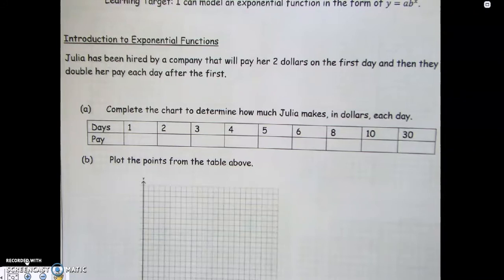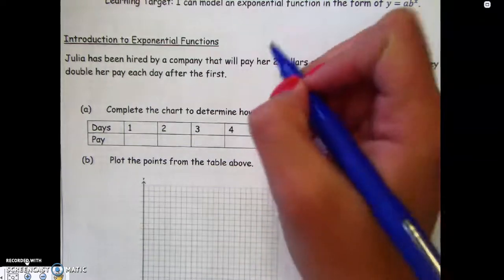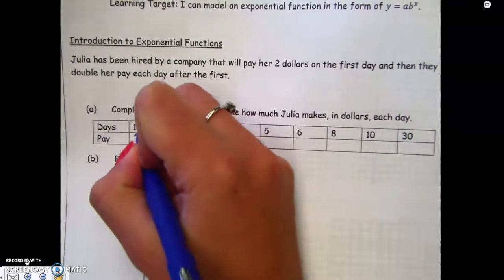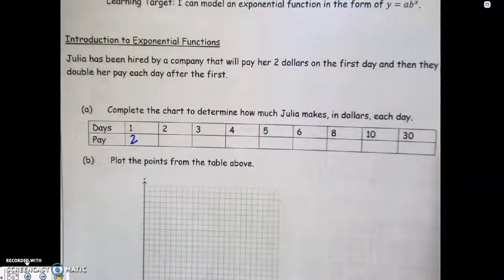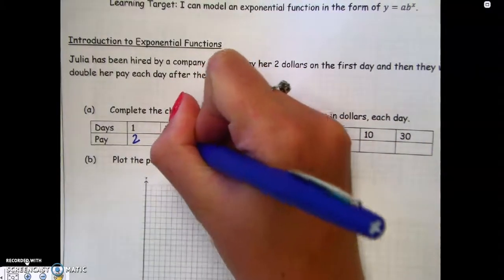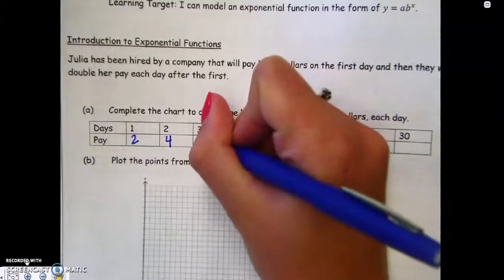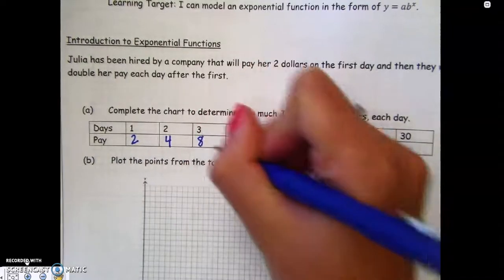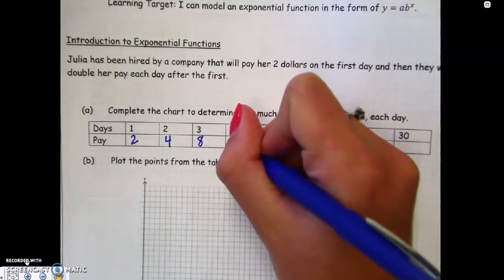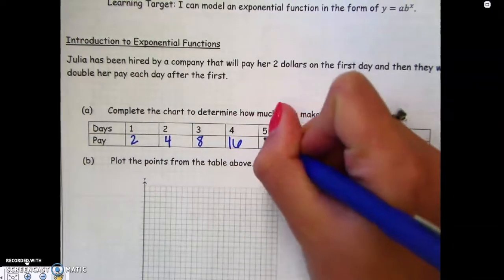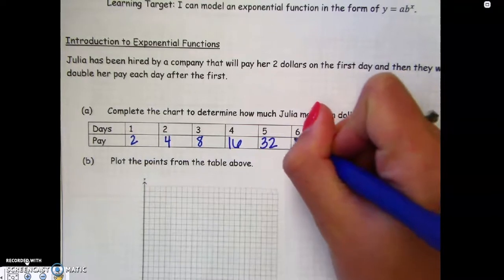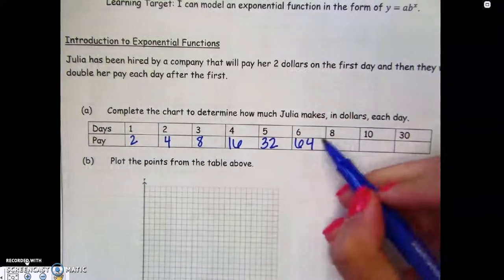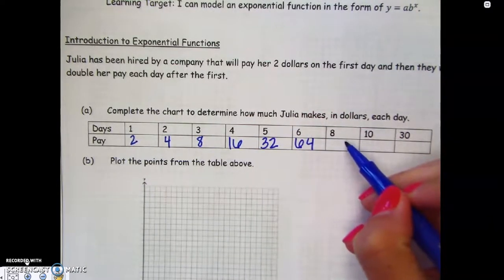For day number 1, they'll pay her $2 on the first day, so 2. And then it will double her pay each day afterwards. So on the second day, she'll make $4. On the third day, she'll make $8. On the fourth day, she'll make $16, $32, $64, and then be careful, it jumps up to 8 here.